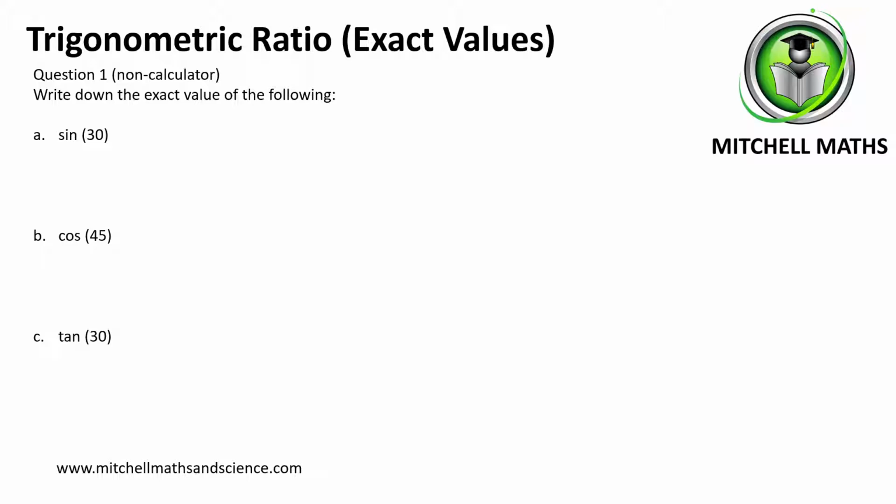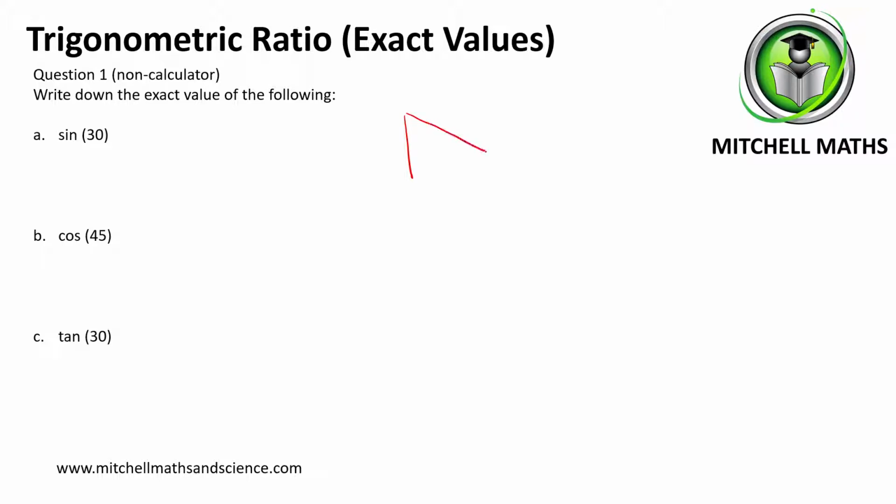Now, sometimes in questions, you will get questions which just want you to state the exact values. They're usually worth 1 mark. So if you know the values, it's just an easy mark to pick up. Sine 30, we can either draw the triangle or we might have just memorised it.